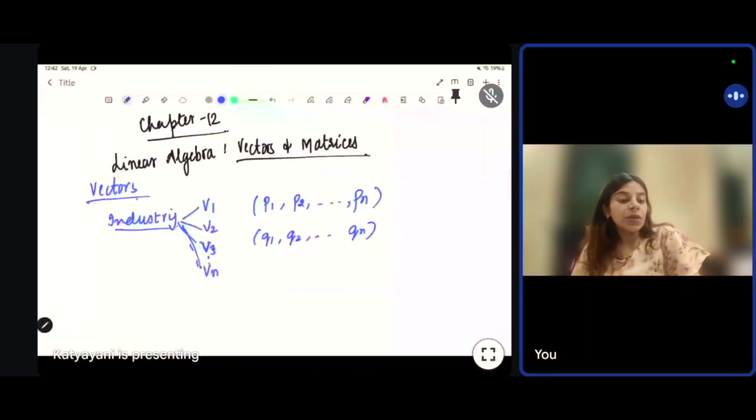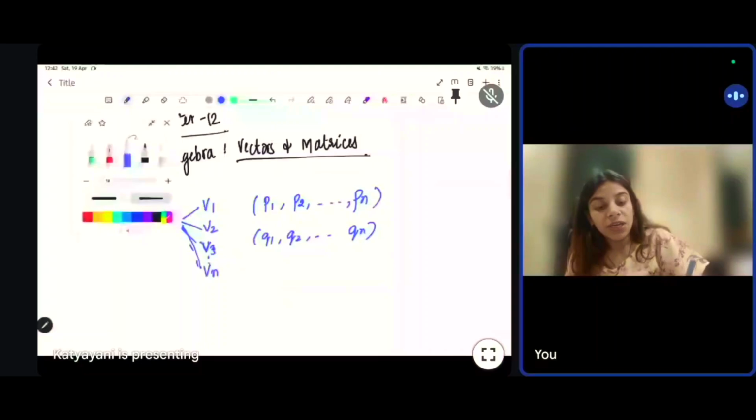So when you write such a thing in an ordered pair, where not only the components of that ordered pair matter, but also the order matters, those are called vectors. Right, so here it's not only what the components are that matter, but their order also matters. Such an ordered set of numbers is called a vector, right?